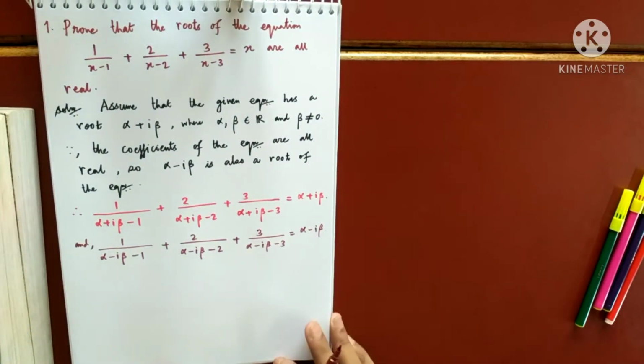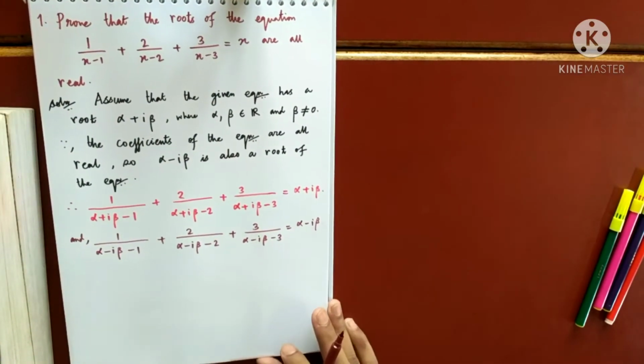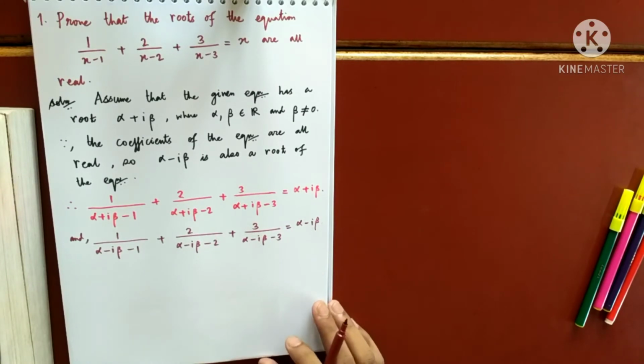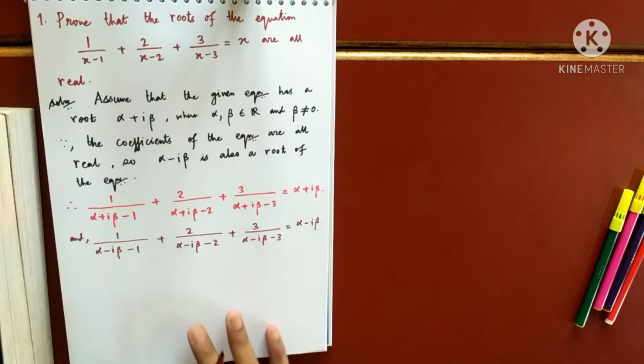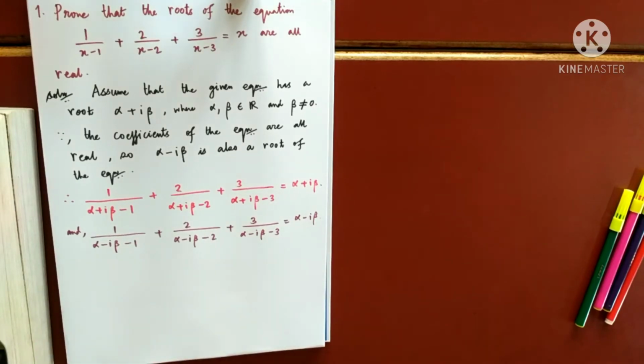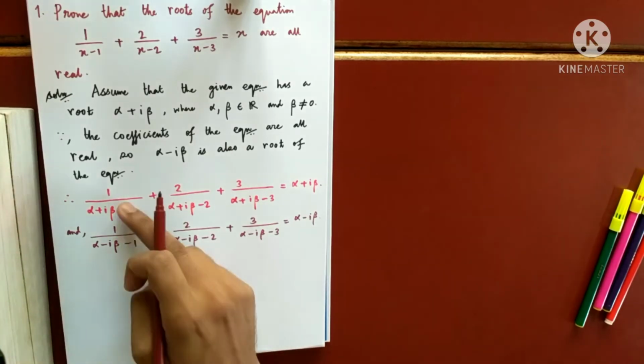So I have just used the fact that alpha plus I beta and alpha minus I beta both are roots. Now what will I do? Let's subtract these equations, this minus this.